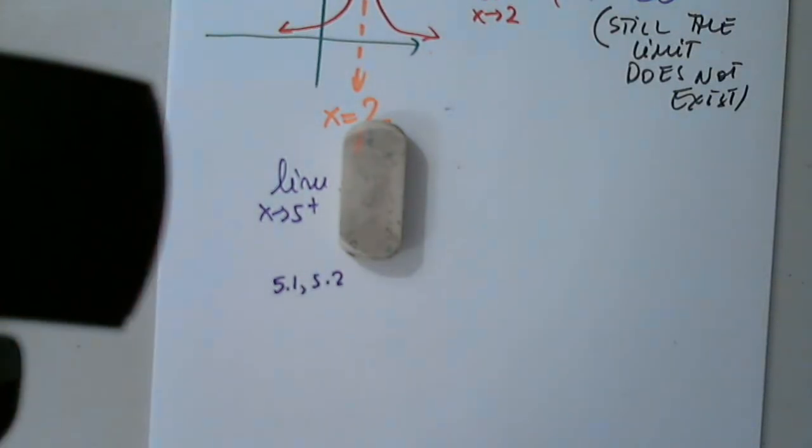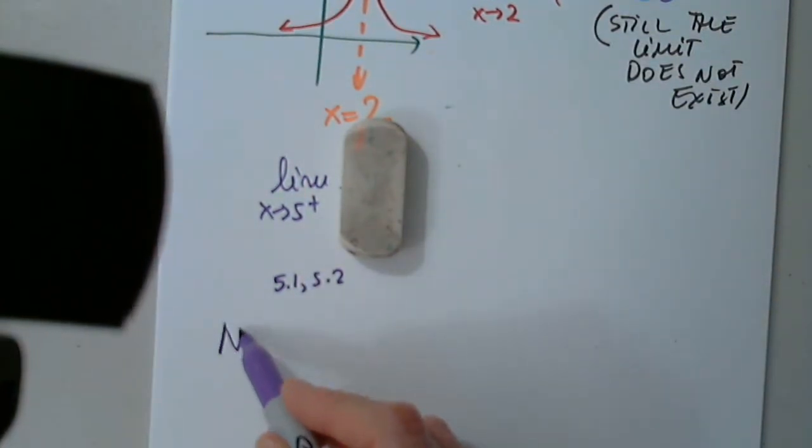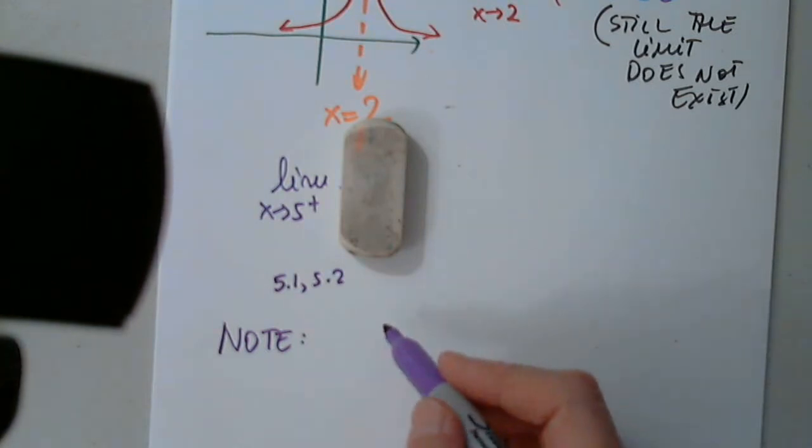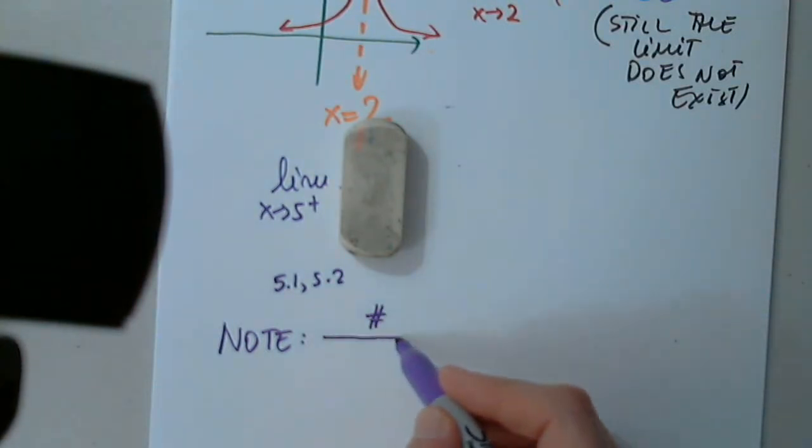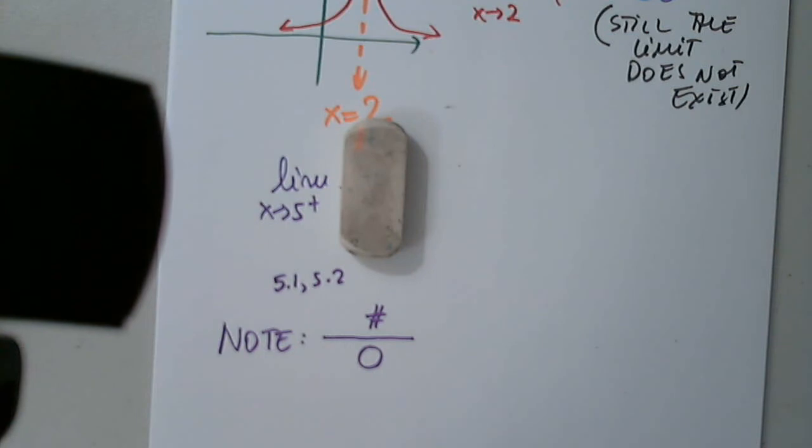Before we even address this, I want to write a note with you. Note. A number over 0. Yes, you're going to say, but you already talked about that a few pages ago. Where was it? I can't find it. Of course, when I'm looking for it. Here it is.